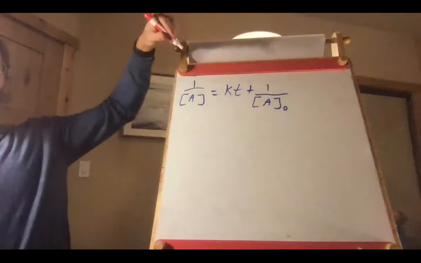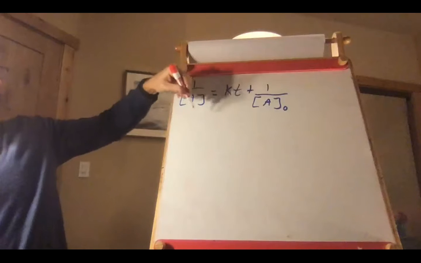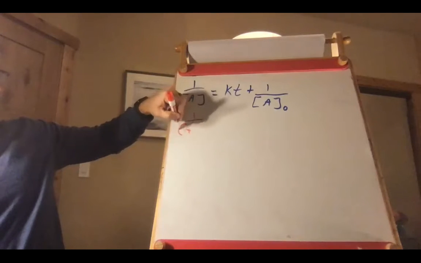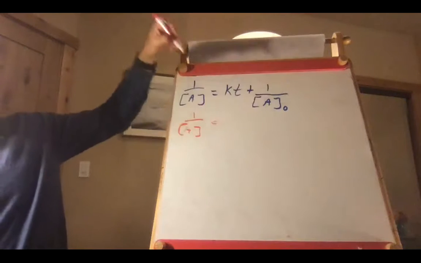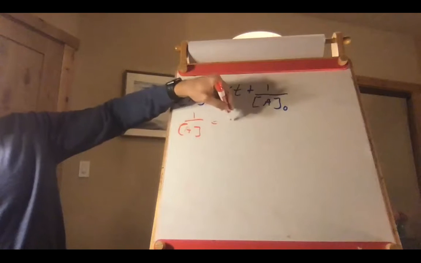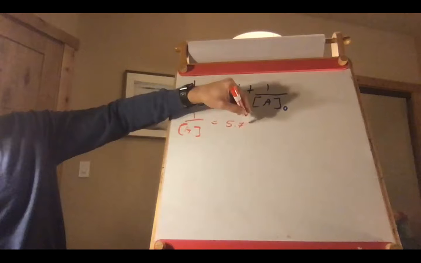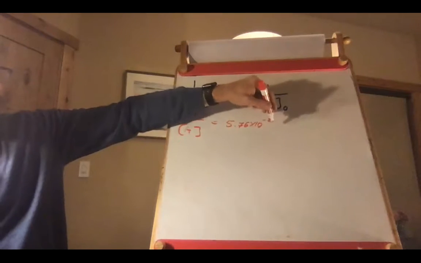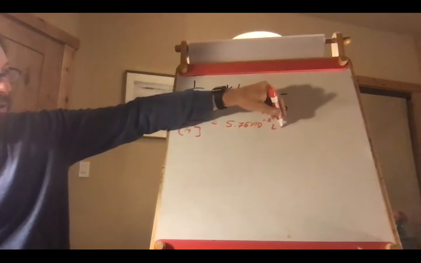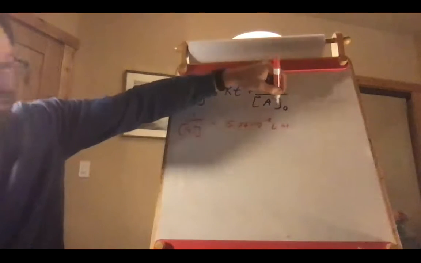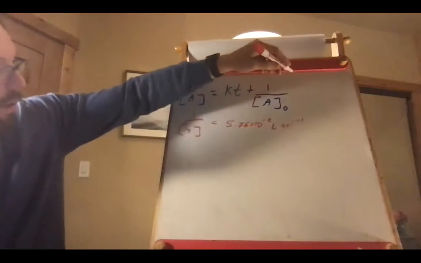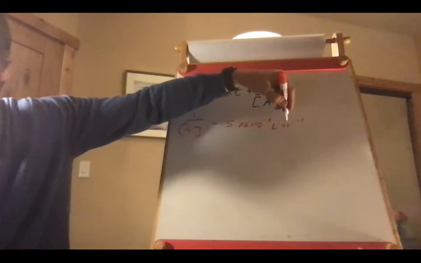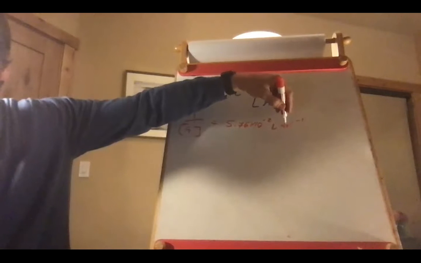So 1 over A is equal to the k being 5.76 times 10 to the negative 2, and then the units are liters per mole per minute, right?